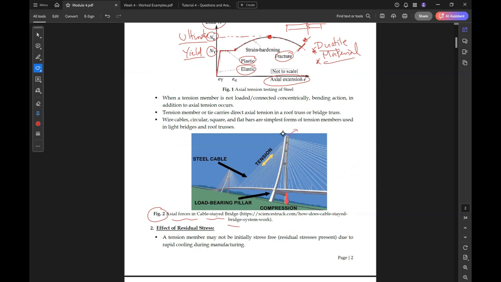We have this pylon, and from this pylon we have some cables to support the floor deck. These members are under tension. This steel cable is also one example of a member under tension.